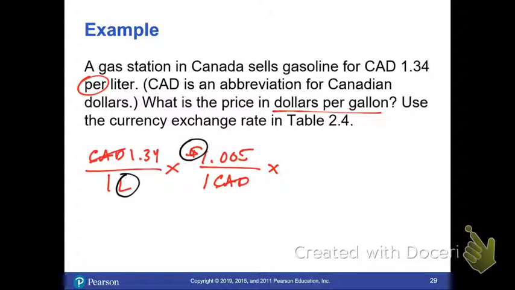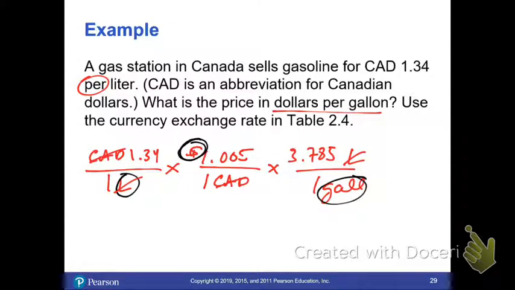In your textbook, you'll see that 3.7854 liters is equal to 1 gallon. So my liters cancel, and I'm left with the units of dollars and gallons.